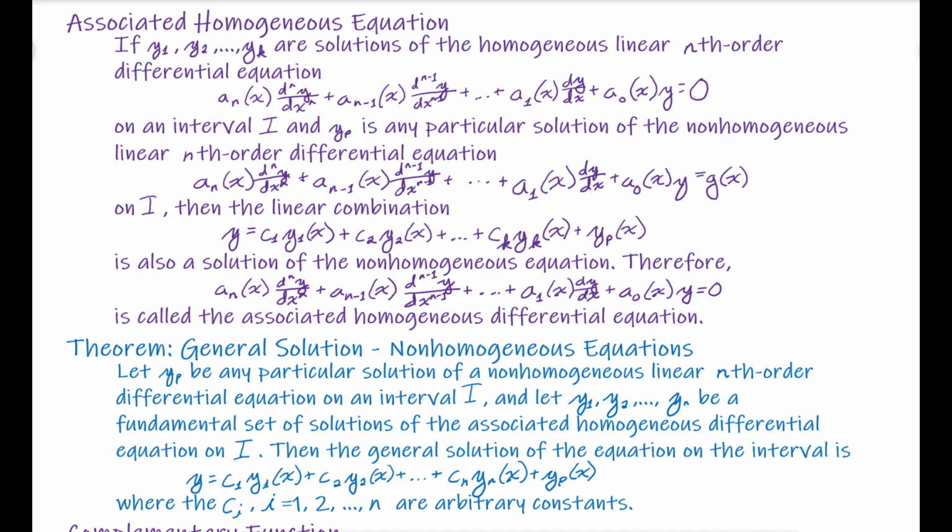So we're going to let yp be any particular solution of a non-homogeneous linear nth order differential equation on an interval I. And we're going to let y1 up to yn be a fundamental set of solutions of the associated homogeneous differential equation on I. Then the general solution of the equation on the interval is given by y equals c1 y1 of x plus c2 y2 of x plus all the way up to cn yn of x plus yp of x, where the ci are arbitrary constants.